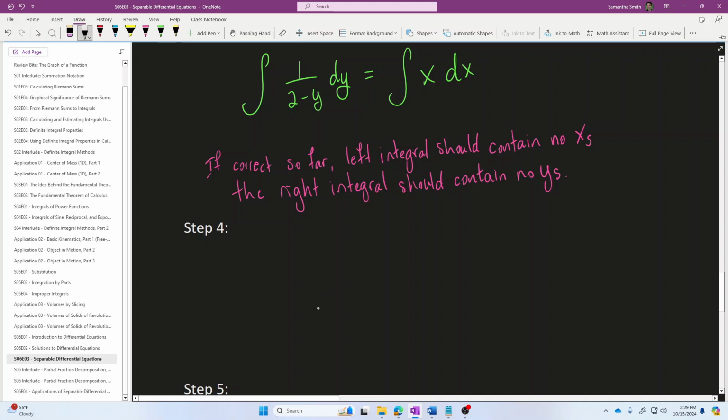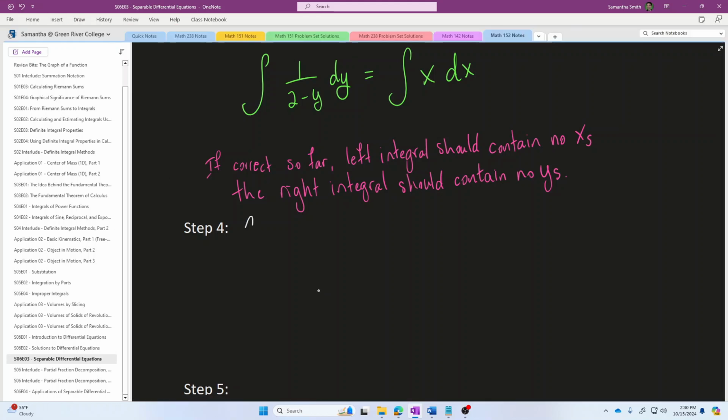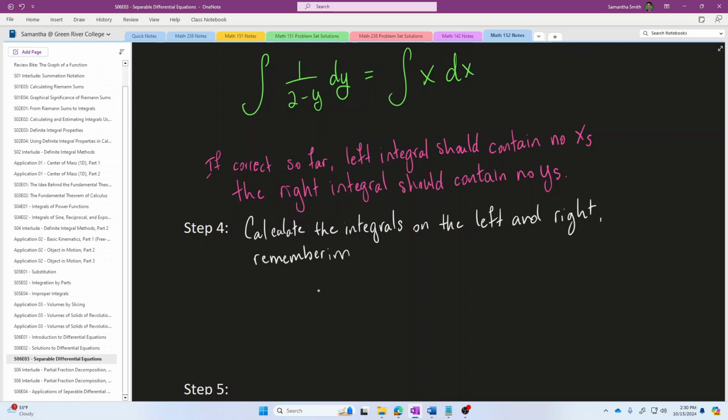And that's step number 4. Calculate the integrals on the left and right, remembering to include a plus c, a plus constant, on at least the right side.